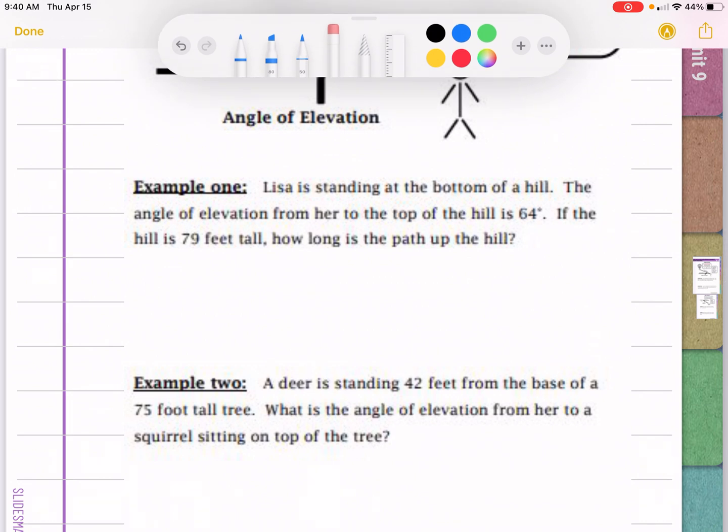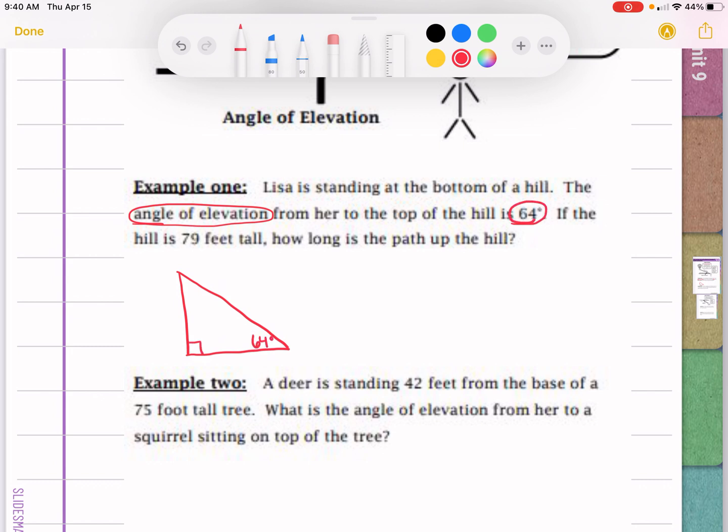So here, example 1. It says, Lisa is standing at the bottom of a hill. The angle of elevation. So since I see angle of elevation, I'm going to draw my right triangle. And then it says the angle is 64 degrees.